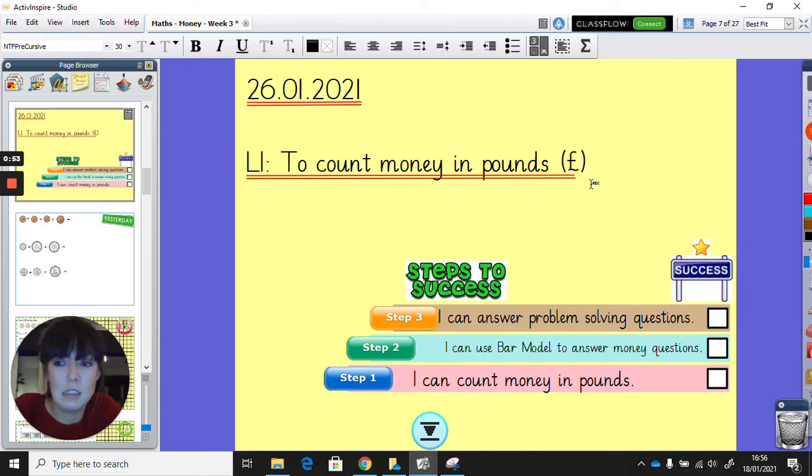Obviously we are doing adding today and taking away, but just using money. So you can still use bar model. It's just a way of representing your answer. Step 3 is our chilli challenge today, and that is I can answer problem solving questions, okay? So there is another worksheet which is kind of like your chilli challenge with your problem solving questions on, okay?